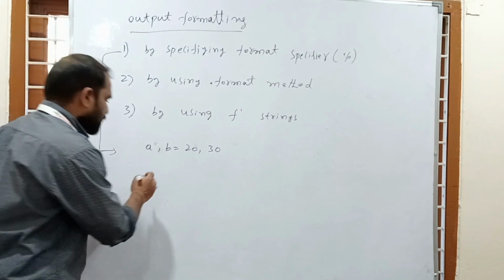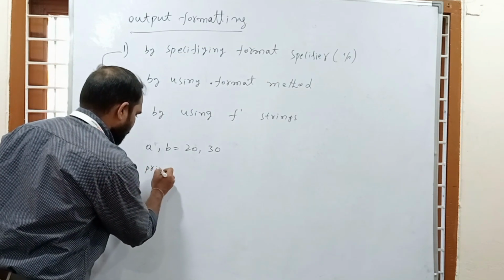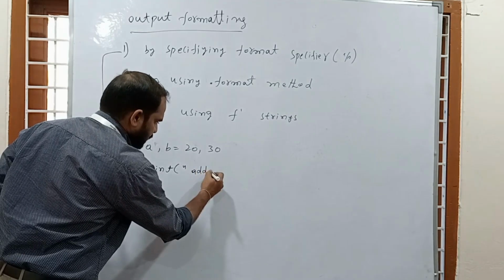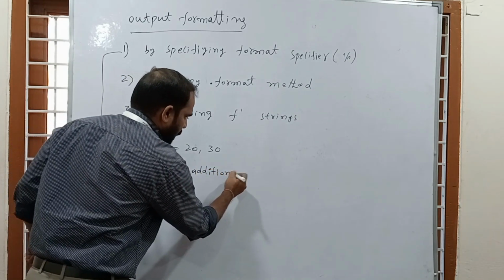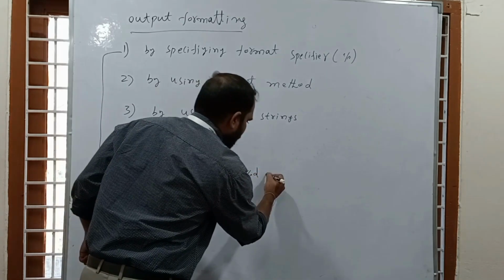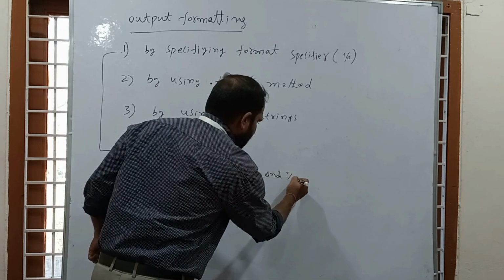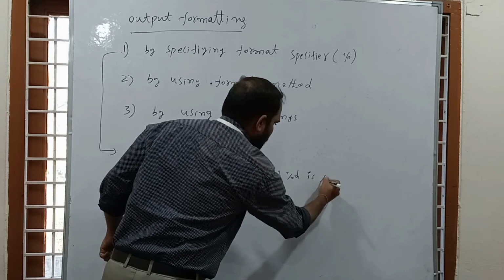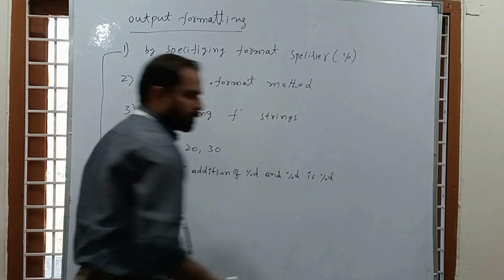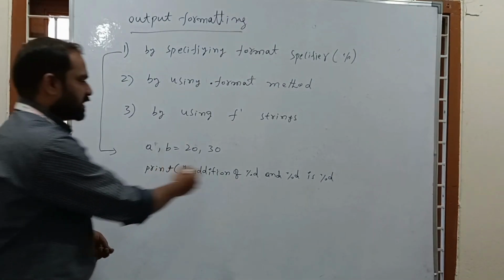So from the print statement, you can see: addition of %d and %d is %d.